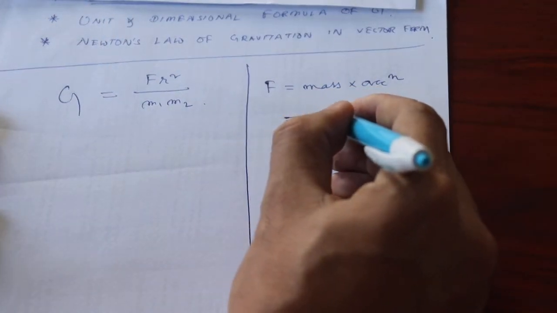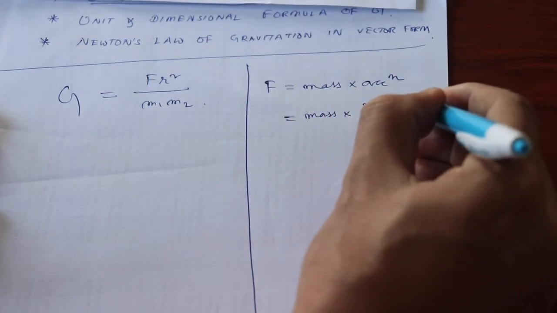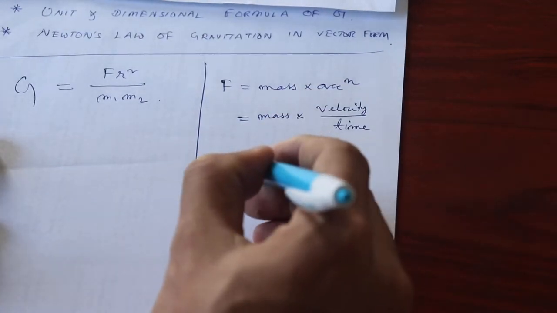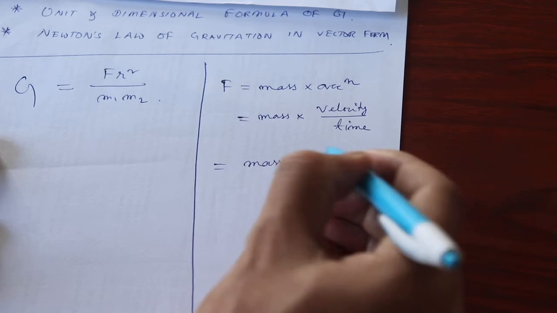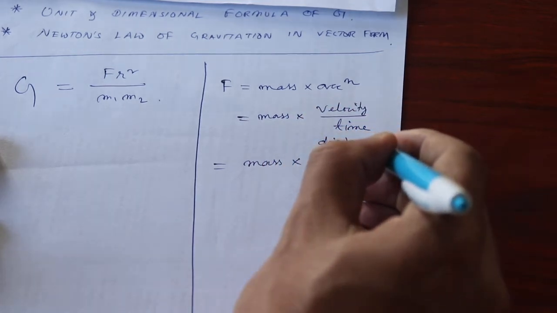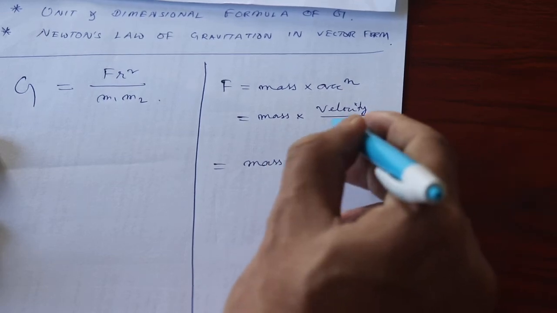So we can write mass into acceleration, which means what? Velocity by time. Which is equal to mass into velocity, which means what? Displacement by time, whole divided by this time.